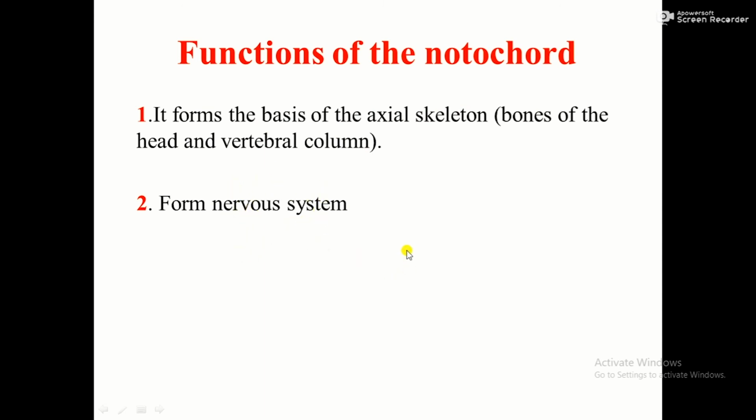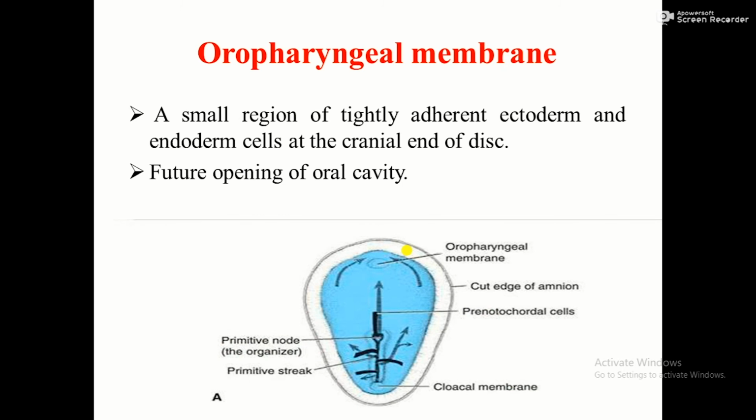Okay, let's come to another important thing that happens in this third week, the oropharyngeal membrane. The oropharyngeal membrane is found in the cranial end of the disc. This is the cranial end and this is the caudal end. In the cranial end, where the ectoderm and endoderm tightly adhere, they form the oropharyngeal membrane.